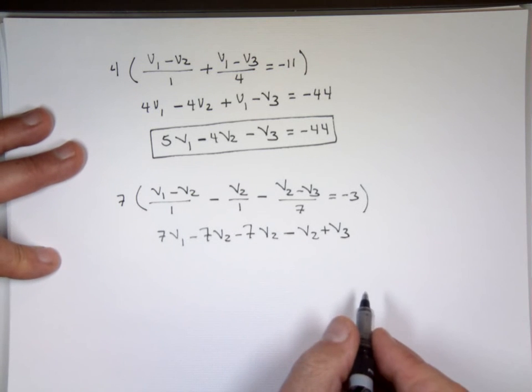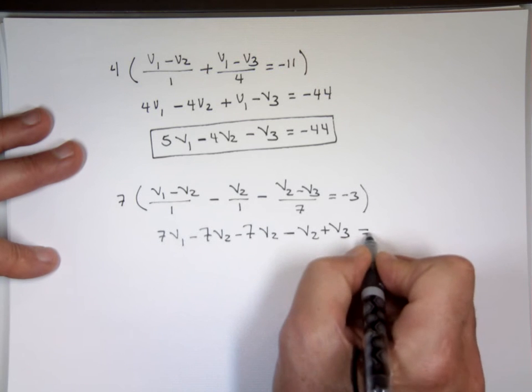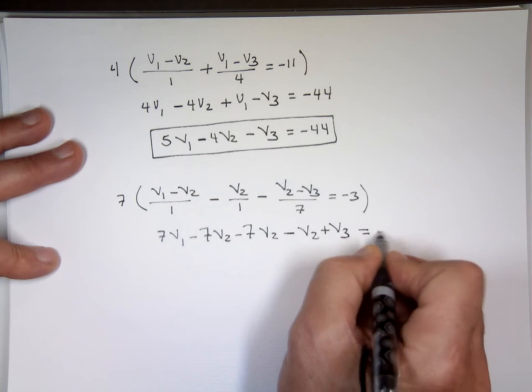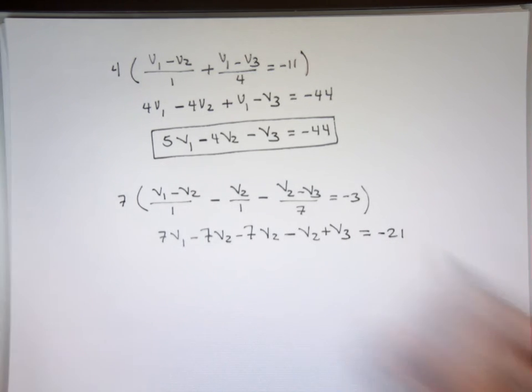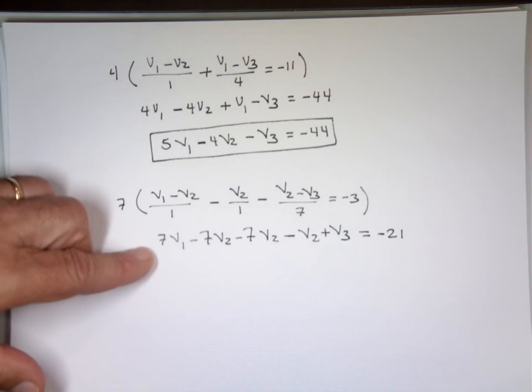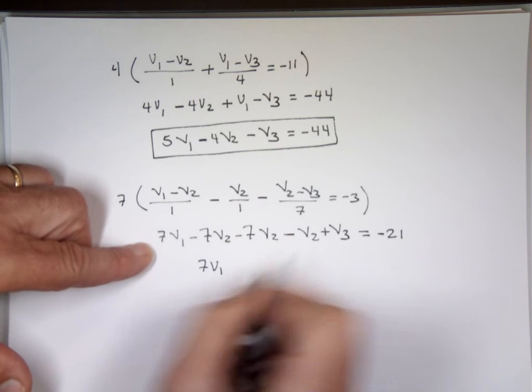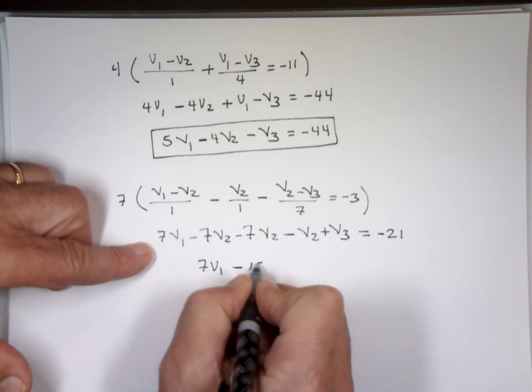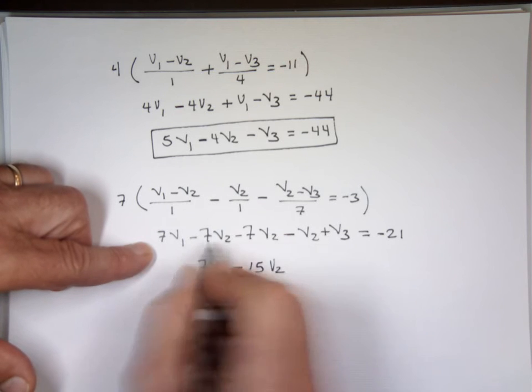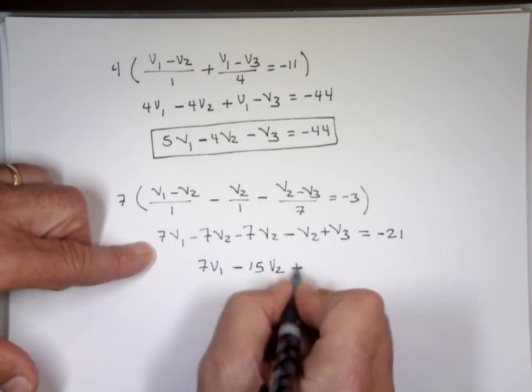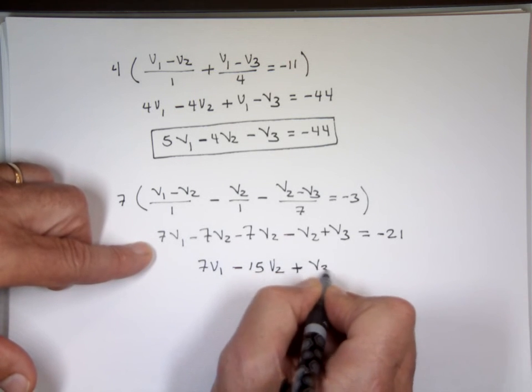Equals 7 times 3, which is 21. Clean that. 7V1, minus 15V2, plus V3 equals negative 21.